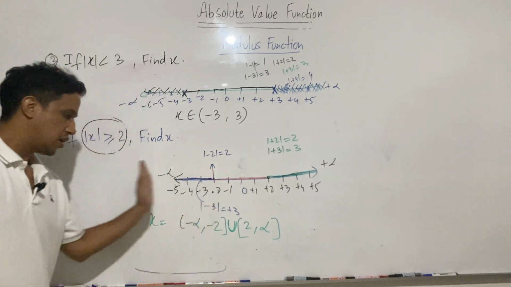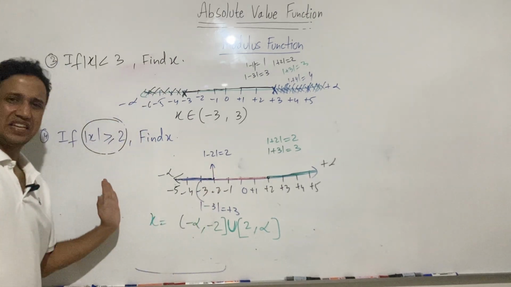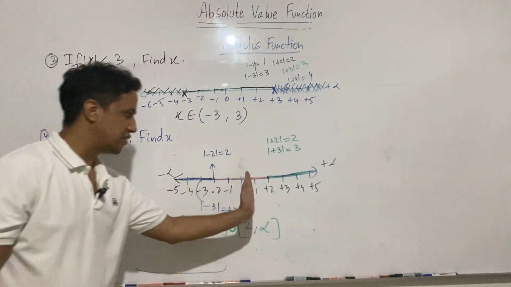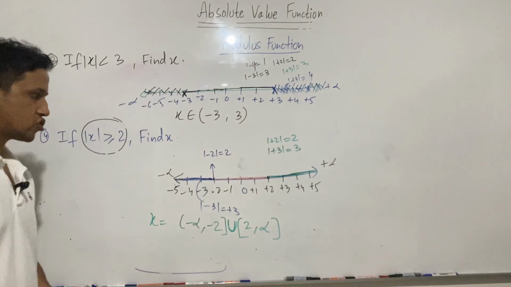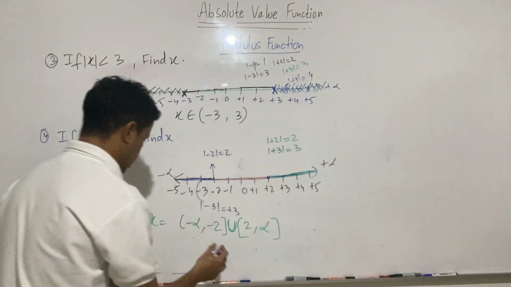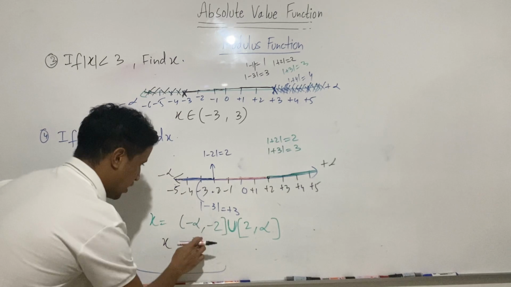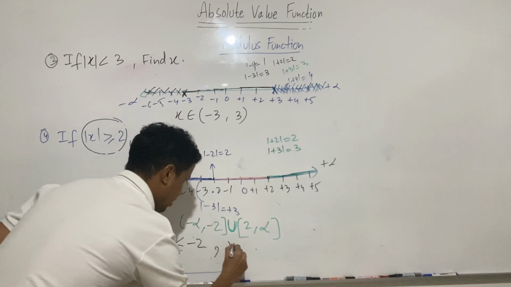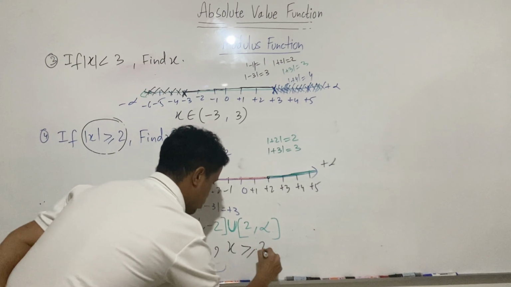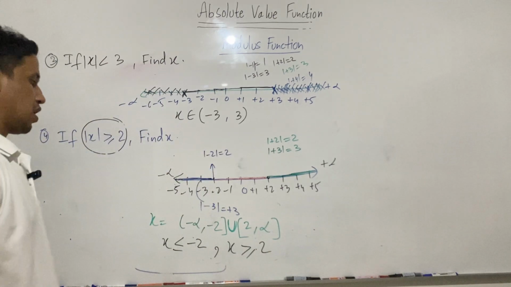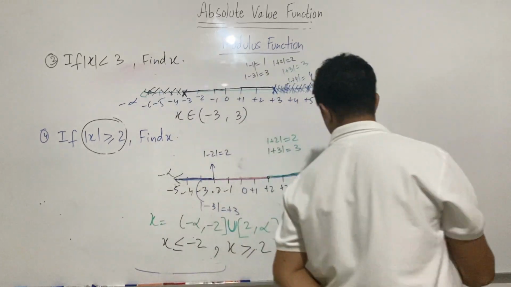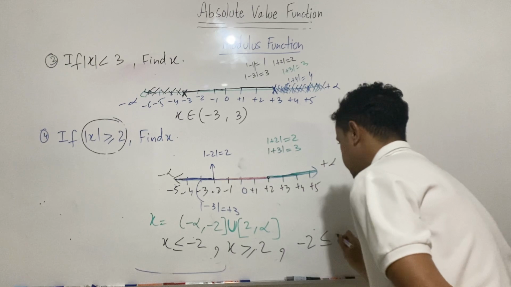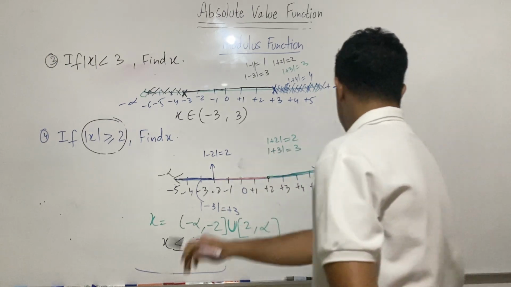See here, it means less than or equal to -2, and this one is greater than or equal to +2. So you can also write x less than or equal to -2 and greater than or equal to 2.